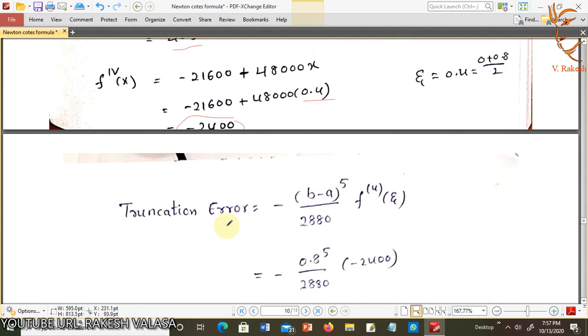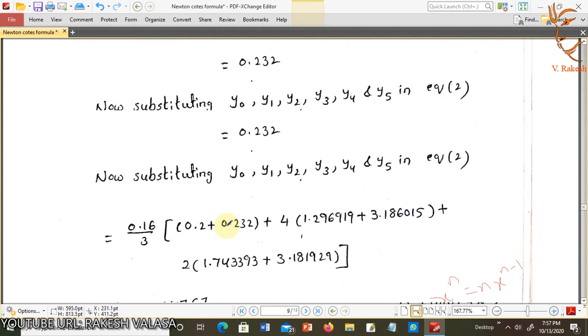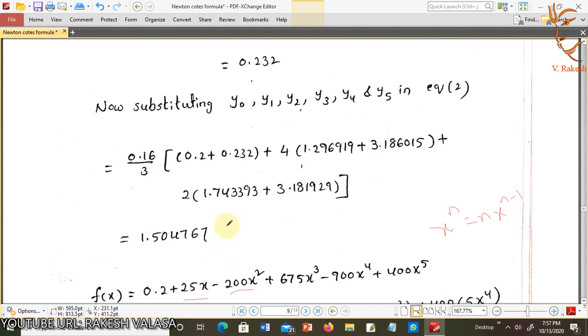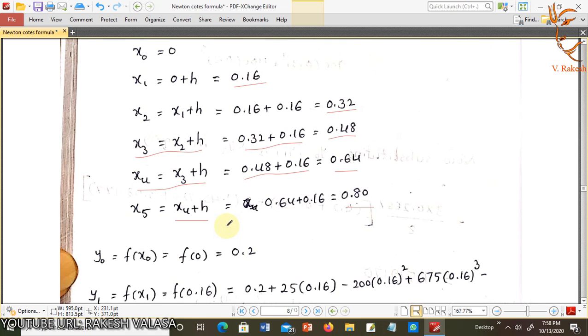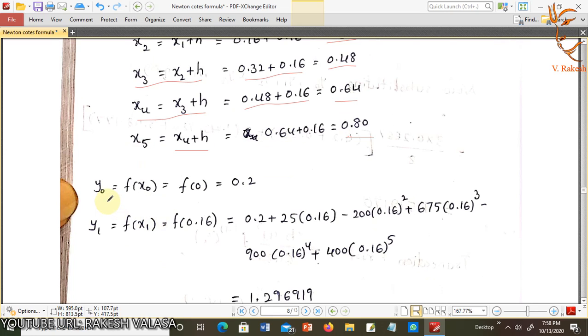After calculating x values, next you can calculate the y values for the given limits. After calculating x0, x1, x2, x3, x4, x5, now you can calculate the function values for the obtained x values.